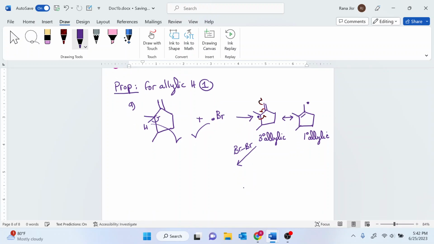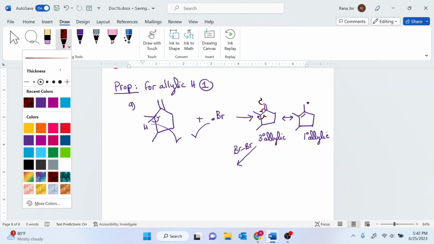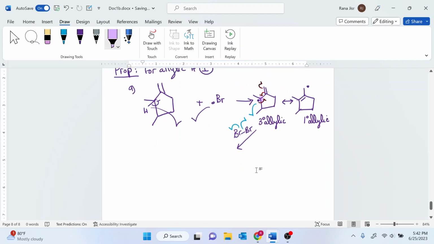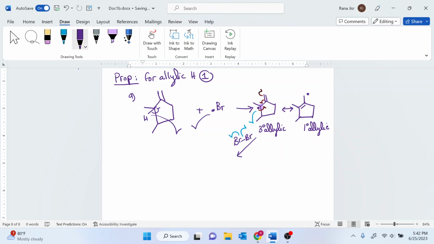Now, when the bromine is going to react, the free radical is going to be abstracted by the bromine, and you're going to generate a bromine free radical. Since you have a potential chiral center, so look here, you do have a potential chiral center, so the attack of the bromine is going to be from the top or from the bottom. Please consider all the stereochemistry in there.